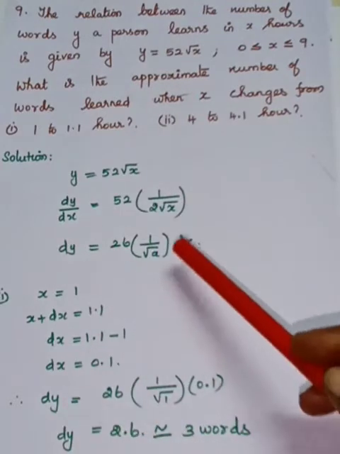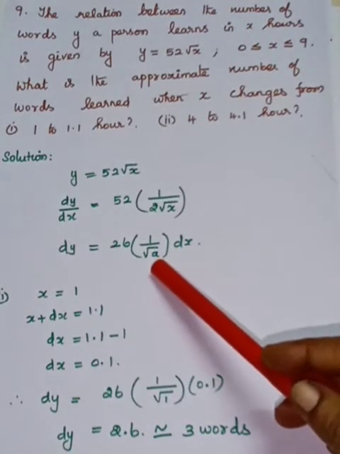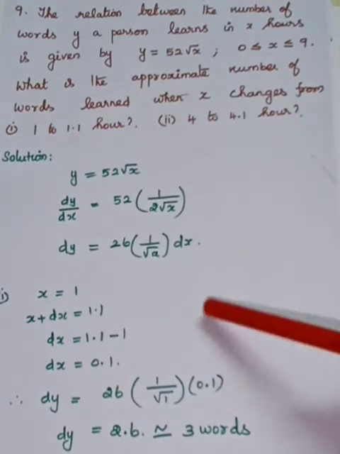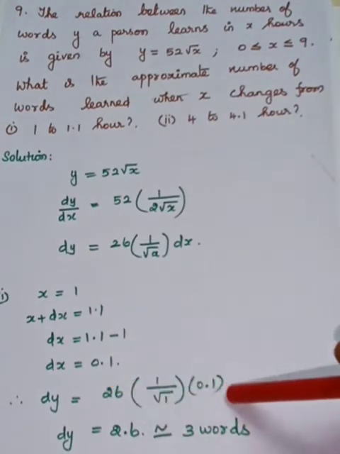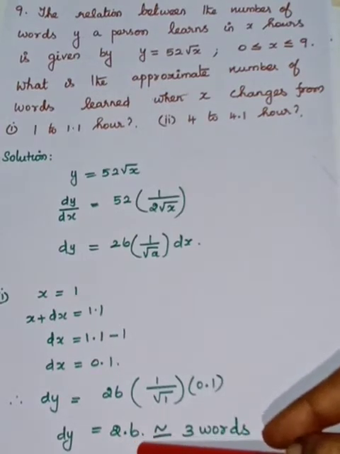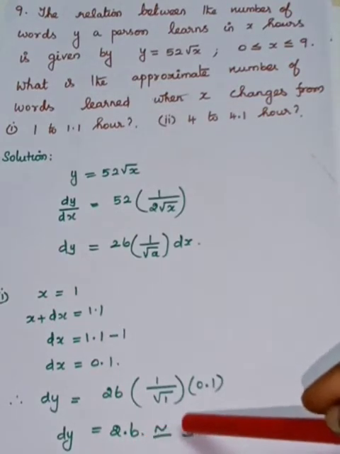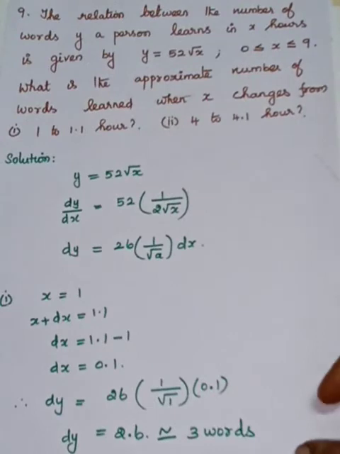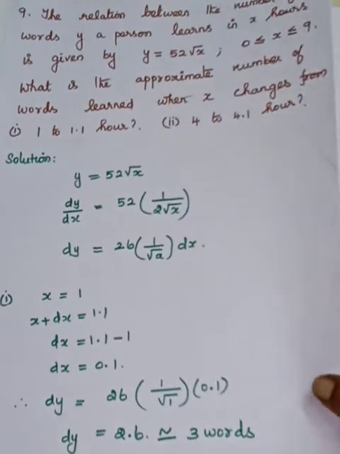So for dy, you substitute x as 1 and dx as 0.1. 26 into 0.1 is 2.6. 2.6 words is meaningless, so it is approximately 3 words. So from 1 hour to 1.1 hour, the person learned 3 words.